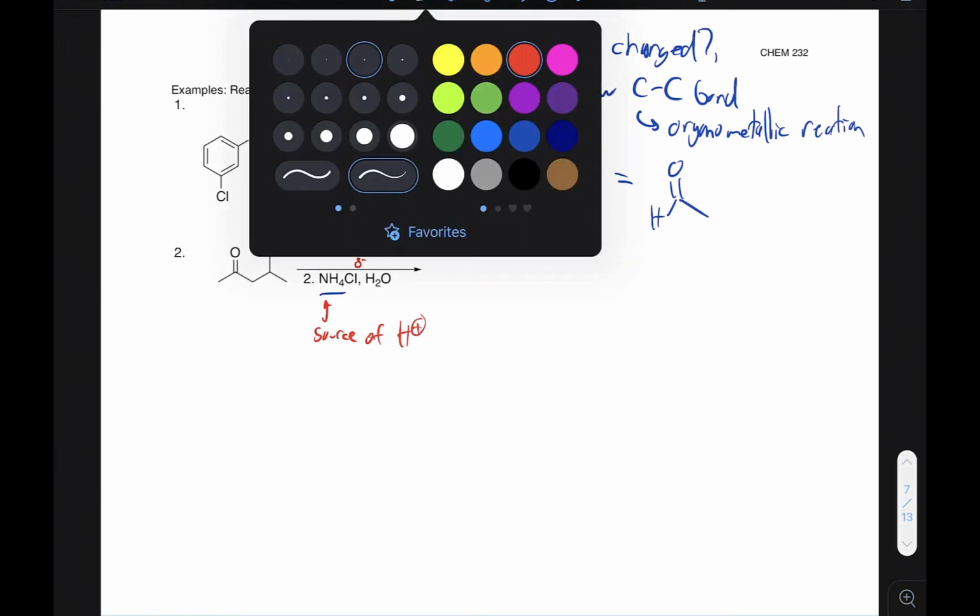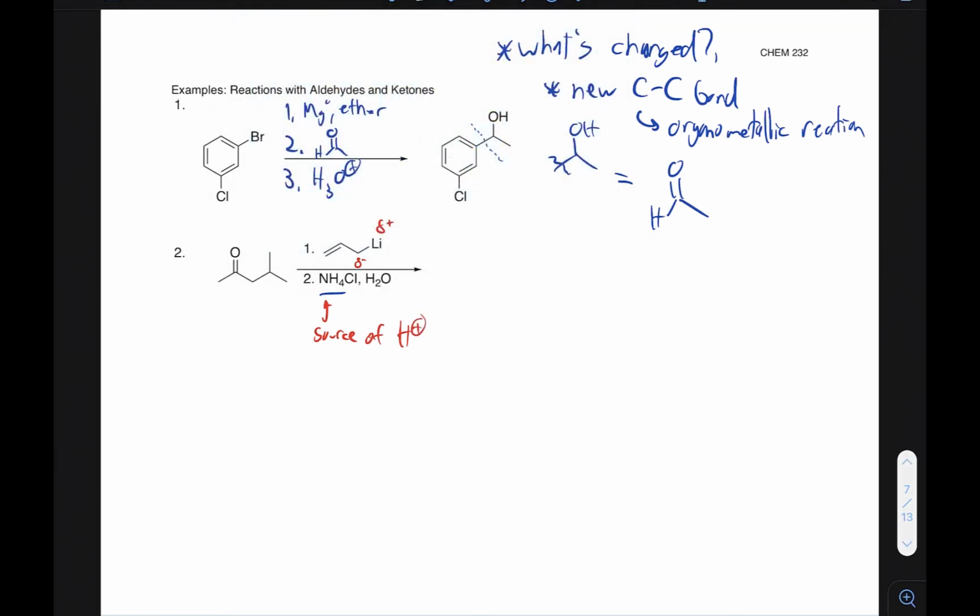So it's kind of the same thing as at the top. This nucleophilic carbon is coming in and breaking open that carbonyl, and we're acidifying it, quenching it at the end to form our alcohol.